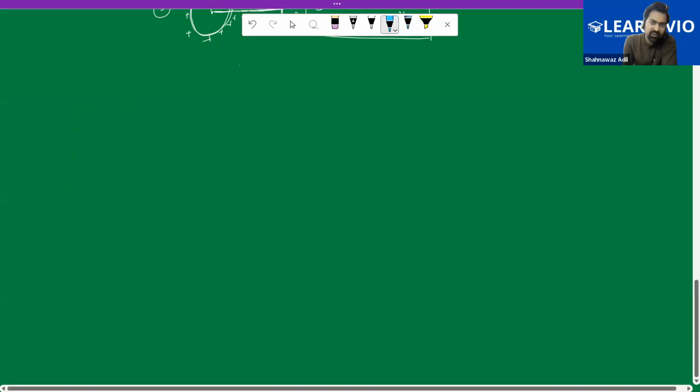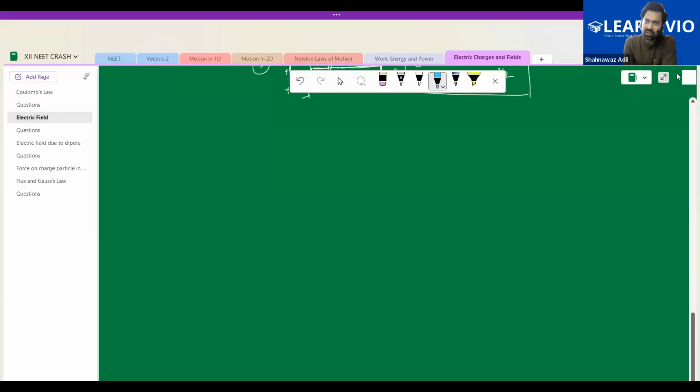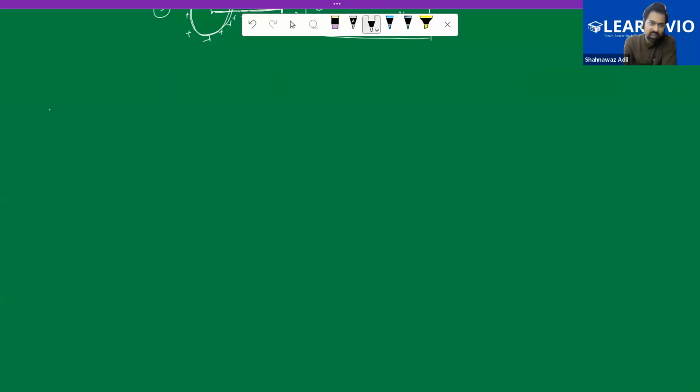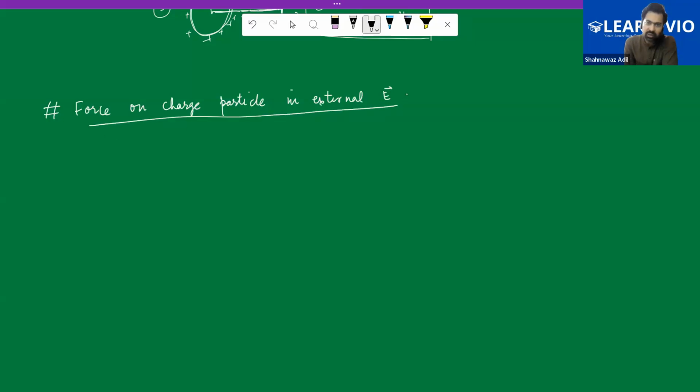There is also this thing which is called force on a charged particle in an external electric field.